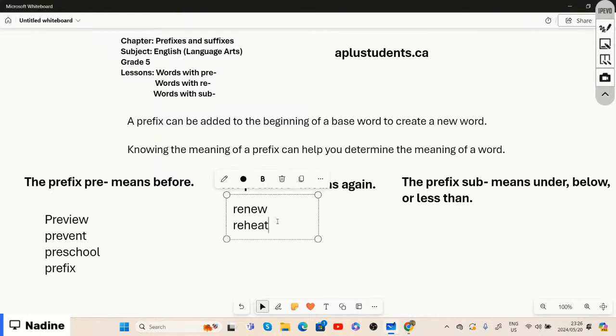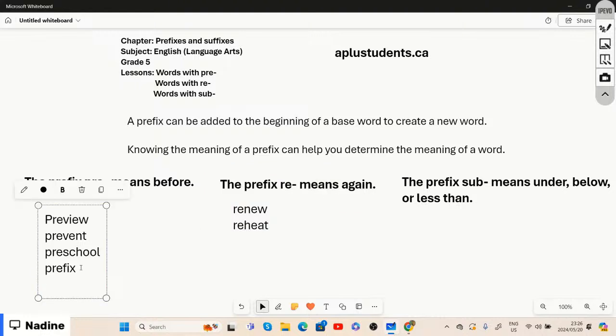And with that, remember we said the word heat is a base word. It can stand on its own. And once we add re to that word heat, it means that we are heating it again. But now that very same word, heat, we can even put it with pre, and we can say preheat. And think of baking.